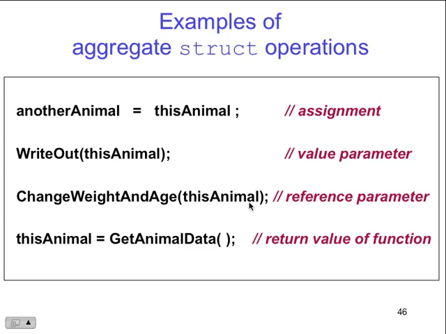Change weight and age of thisAnimal, we have a reference parameter, let's say, for example, that we're using in this function call. Or returning the value: thisAnimal is equal to getAnimalData, running a function call. You don't see the functions, so you have to imagine that they exist, and these are legal function calls. It can just be used in all these different ways.